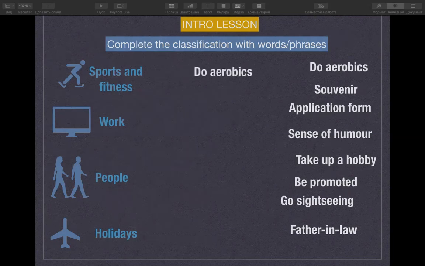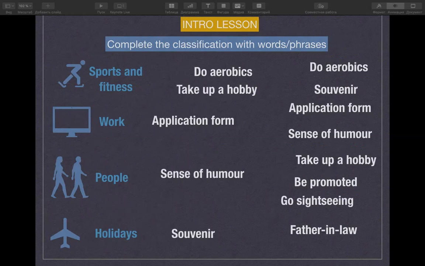Let's classify them. So do aerobics, it's sports, souvenir, sure, holidays, application form, work, sense of humor, people, take up a hobby, sports maybe sometimes it's holidays, but usually sports, and be promoted, work, go sightseeing, sure, holidays, father-in-law, people. Great. Going further.